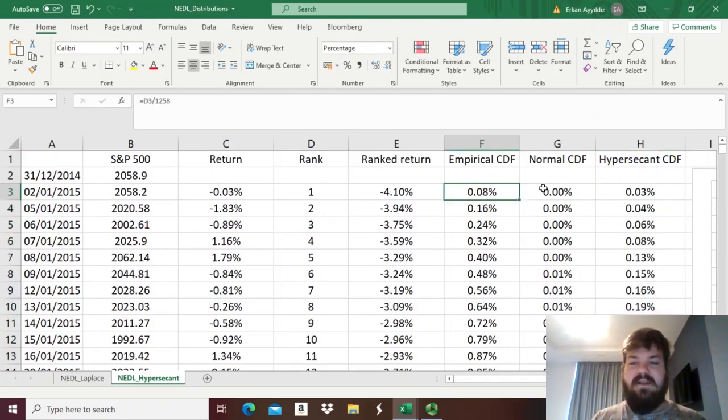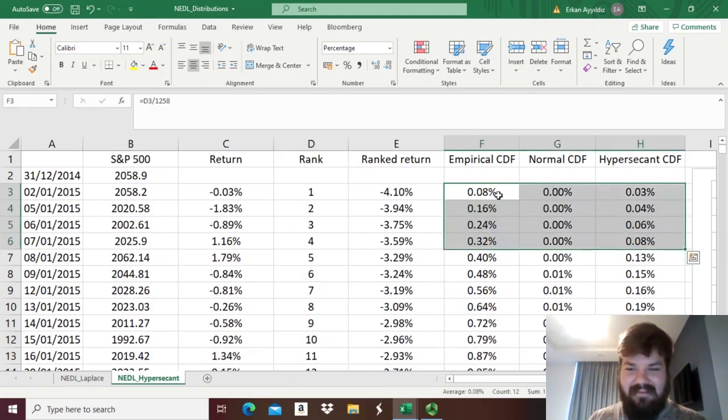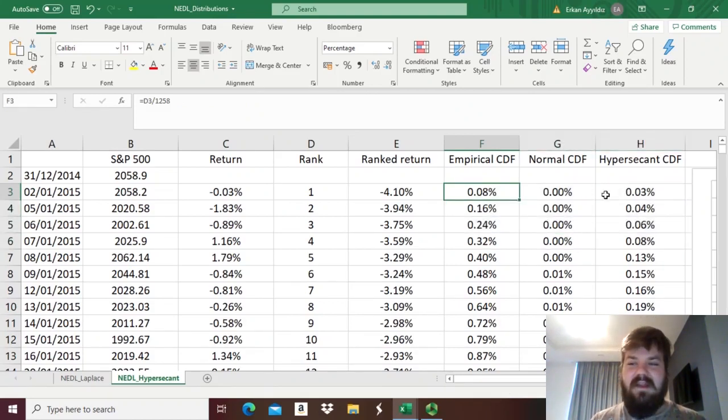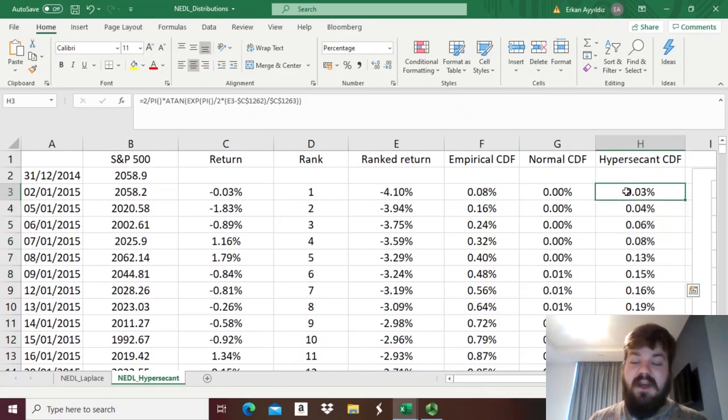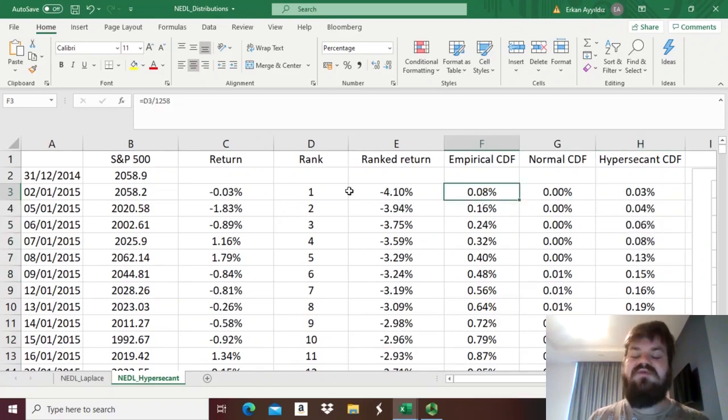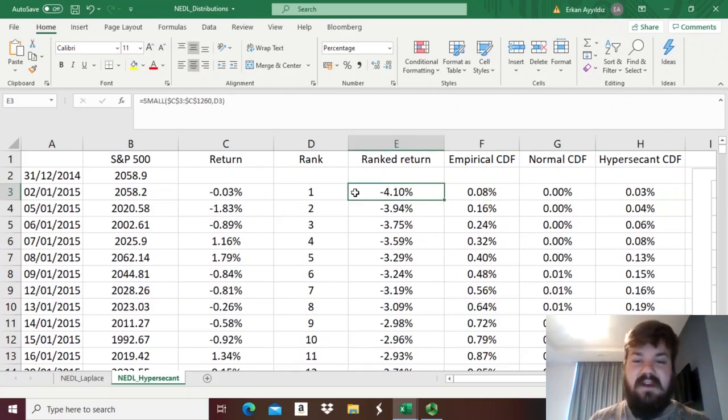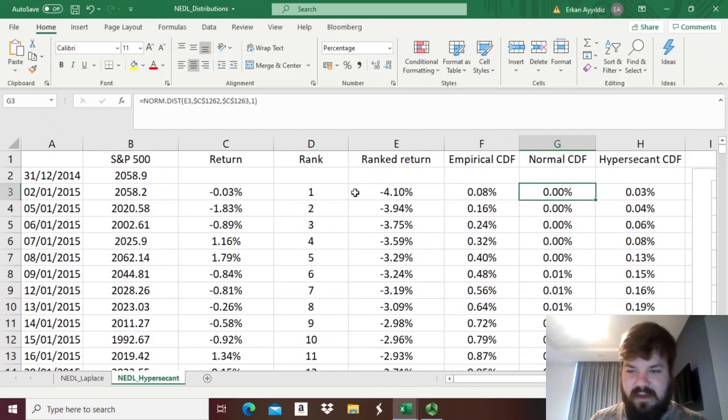We see that we can already observe from the left tail, basically, that the hypersecant distribution assigns a much higher likelihood to the extreme events, like a return of minus 4.1% in a single day, than the normal distribution does.